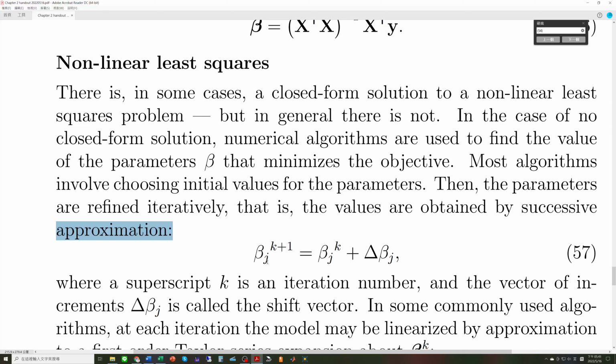Beta j superscript k plus 1 is equal to beta j superscript k plus delta beta j, where the superscript k is an iteration number.